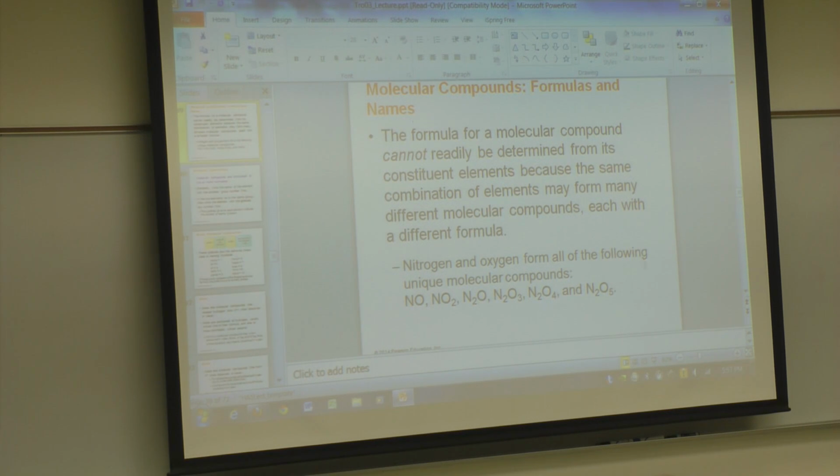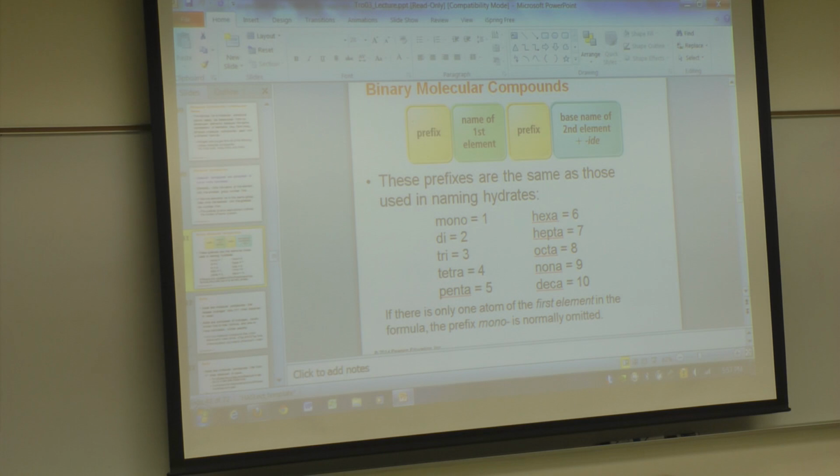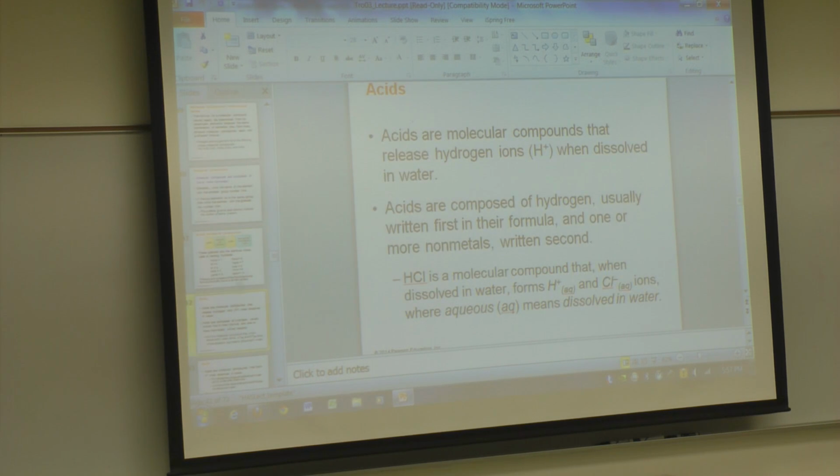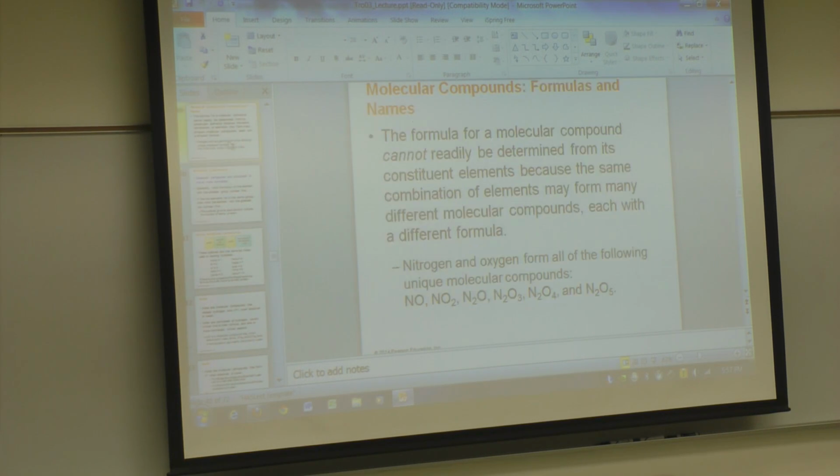The formula for a compound cannot readily be determined from its constituent elements, because the combination may have different formulas, and so we generally write down the name.